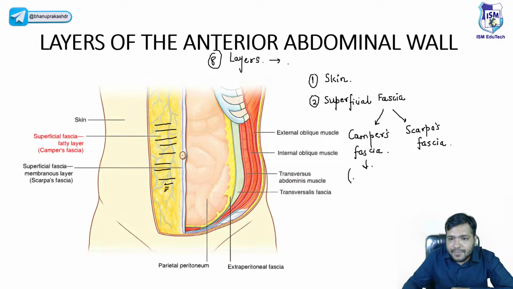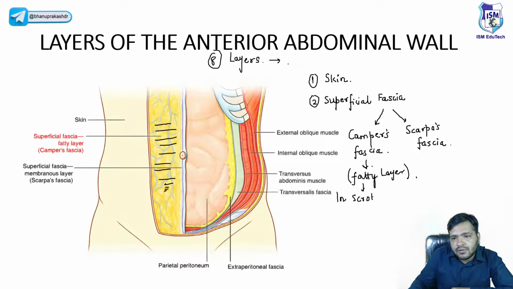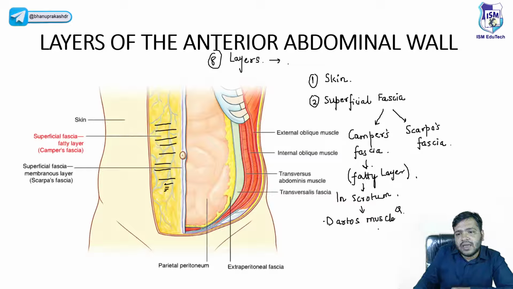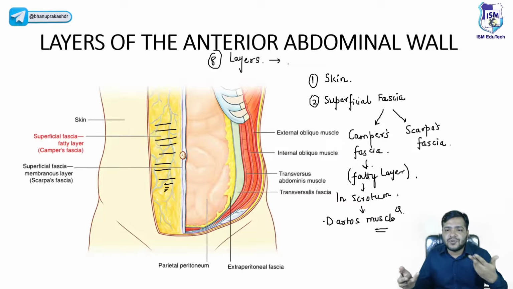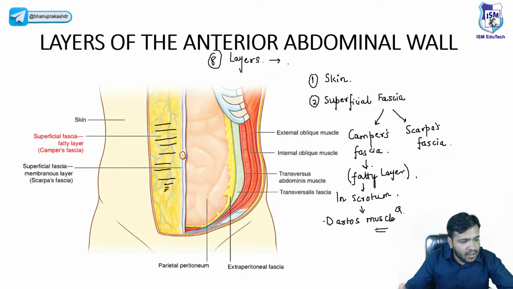Now this Camper's fascia is a fatty layer, and in the scrotum it continues as the dartos muscle. Scrotum में एक muscle देखने को मिलती है, and that muscle is actually the Camper's fascia only, continuing like that. और अगर Scarpa's fascia की बात की जाए, तो remember that, guys, it is a membranous fascia.